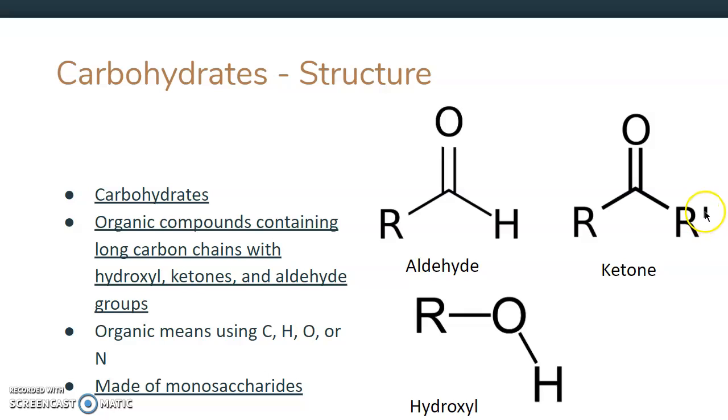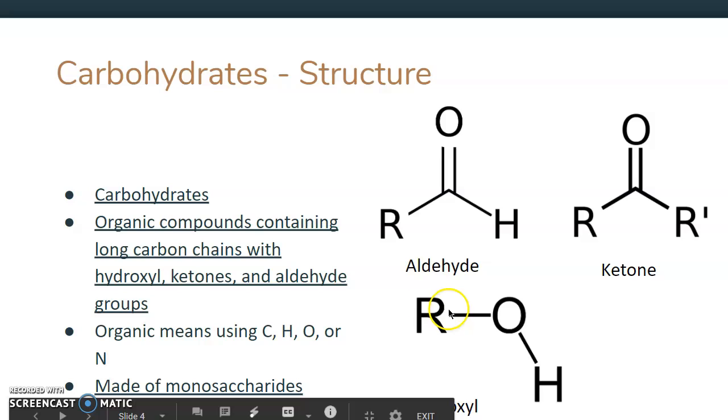R prime just is signifying that it's not identical. It can be one chain and then a completely different size and length of chain with an oxygen in the middle, double bonded, and then a hydroxyl is we have our R group and then an OH. So those are the three different groups that we all have on there.